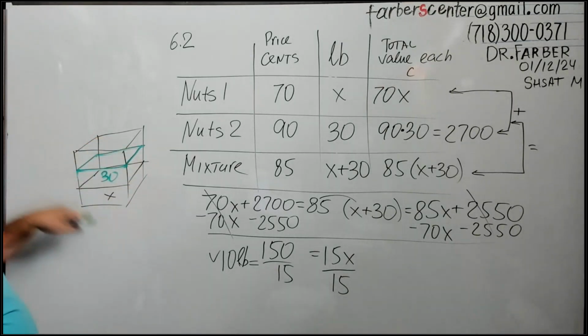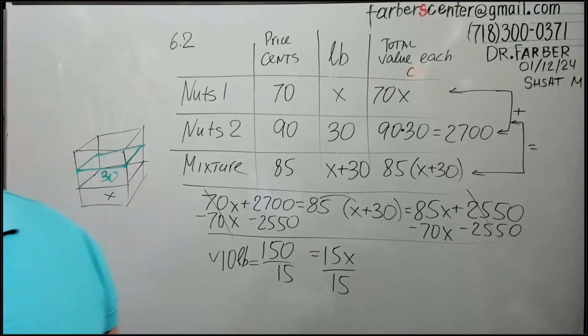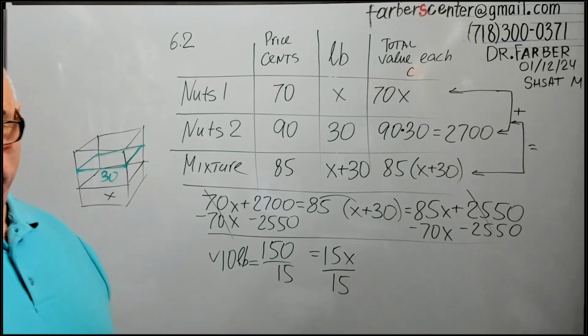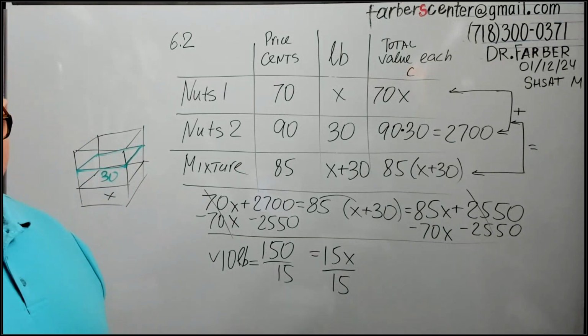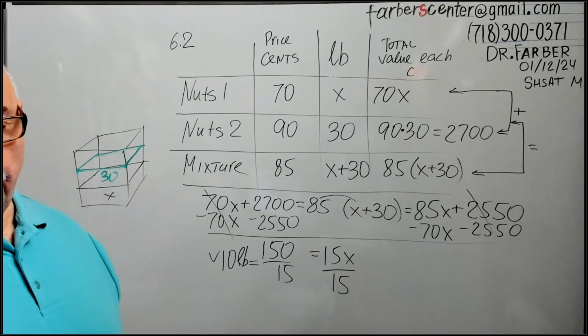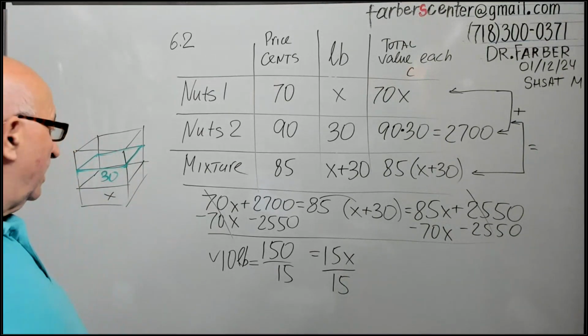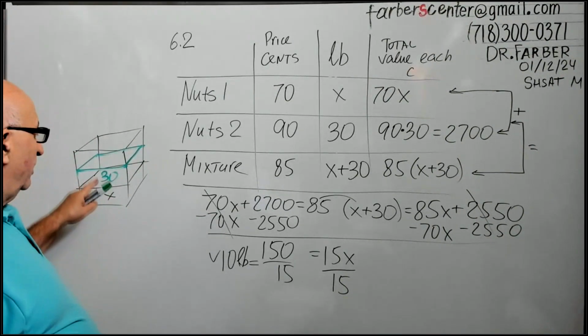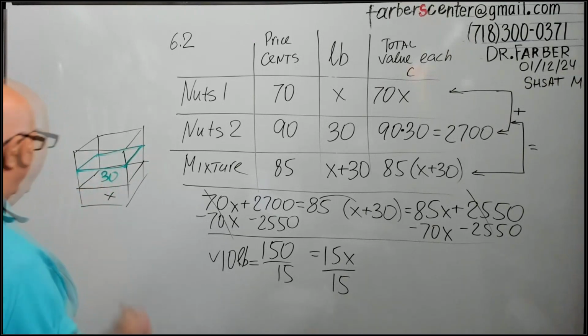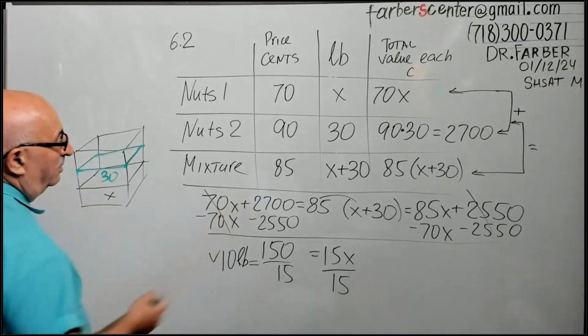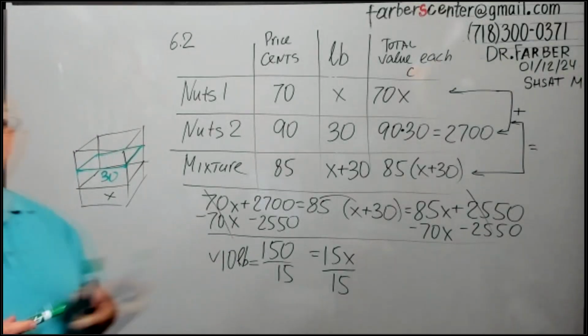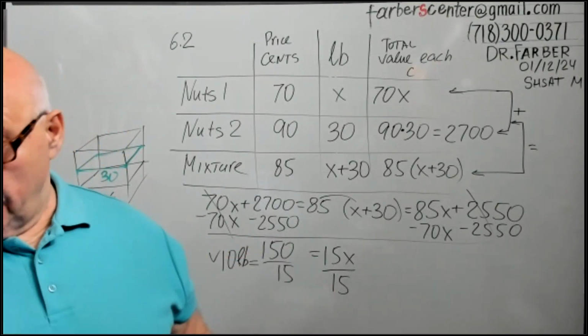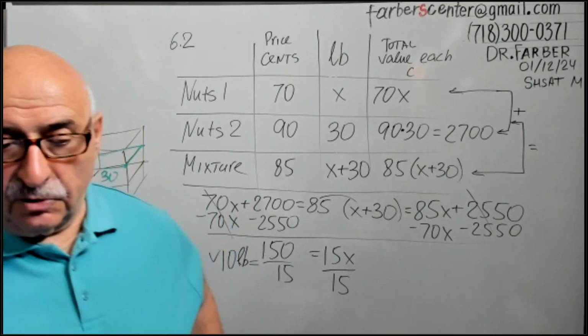Pretend this box is weightless, no weight. What will I get on the scale if I have x and 30 mixture? You understand my question? You have in this box x pounds and you added 30. x plus 30? Yes, x plus 30. Oh, so easy, isn't it? Very logical. I like your question. So far, so good.